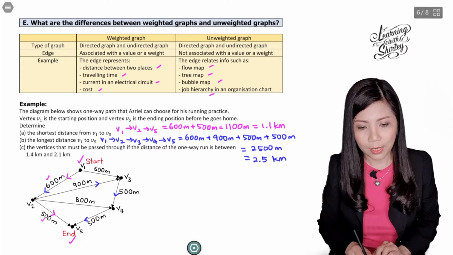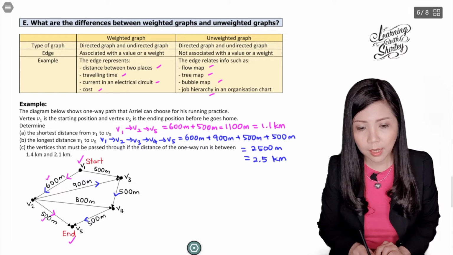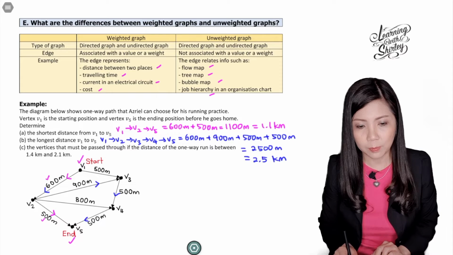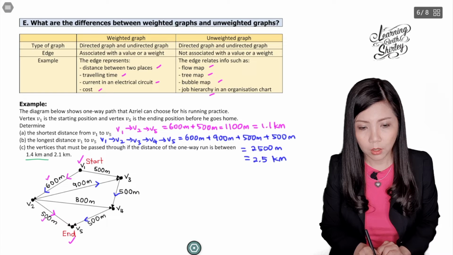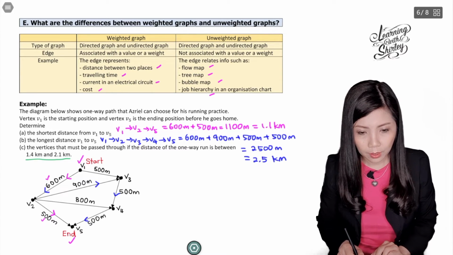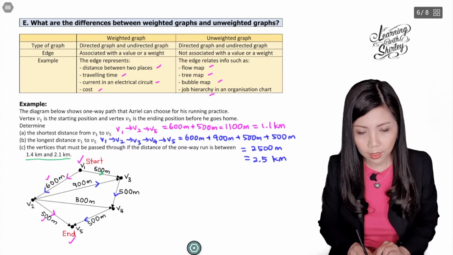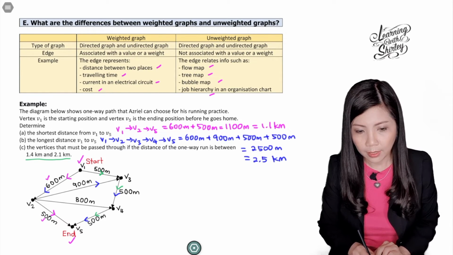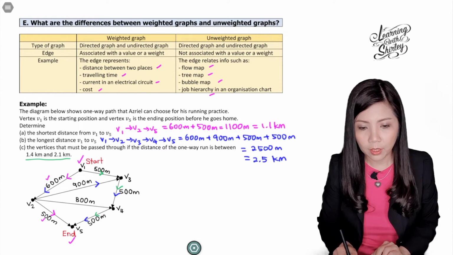Okay? So let's look at C. The vertices that must be passed through if the distance of the one-way run is between 1.4 kilometers and 2.1 kilometers. Let's find what the vertices are. We can use V1 to V3 here, and then to V4 and to V5. These are the vertices that I can add up, and it should be between 1.4 kilometers and 2.1 kilometers.